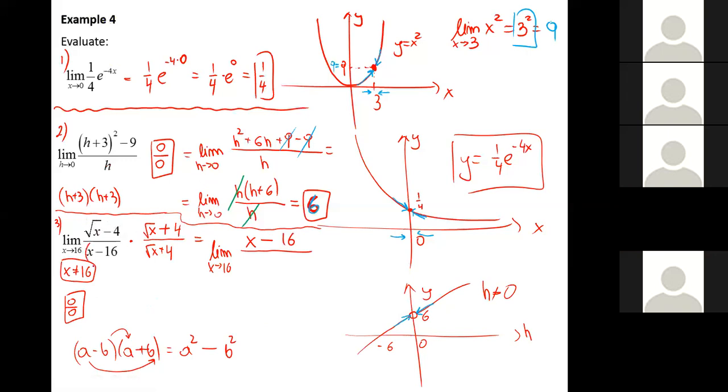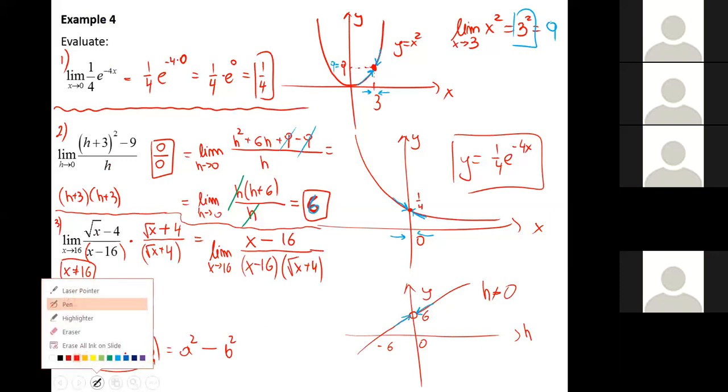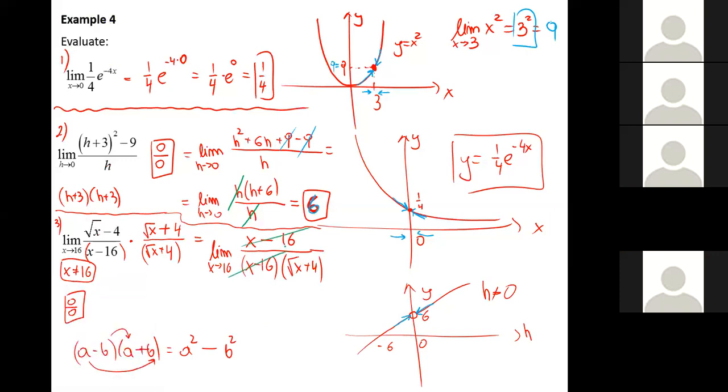And in the denominator, actually, I will not FOIL, I will not distribute my product. You probably see why, because actually I'm looking for this common factor, x minus 16, because 16 minus 16 is the 0. And now I can nicely see the 0.